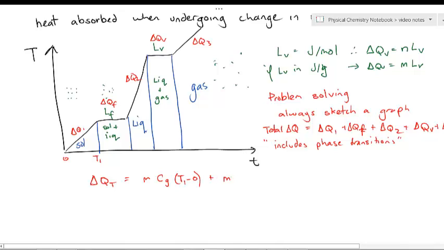Writing out that total equation is much simpler now. And once you've identified each of the temperatures on your graph, you can plug it into your equation. And it's a very simple way of solving these rather complex problems.